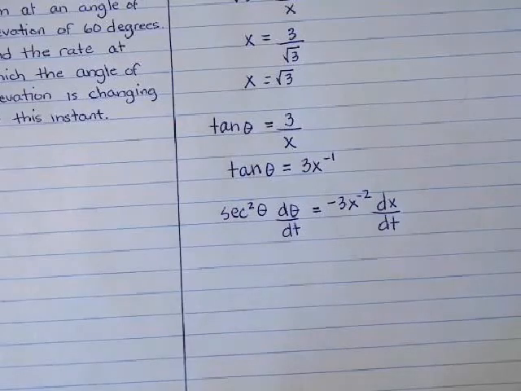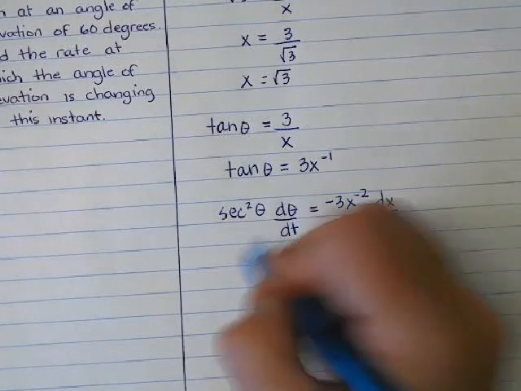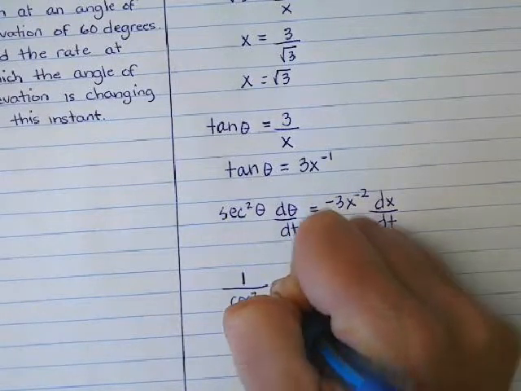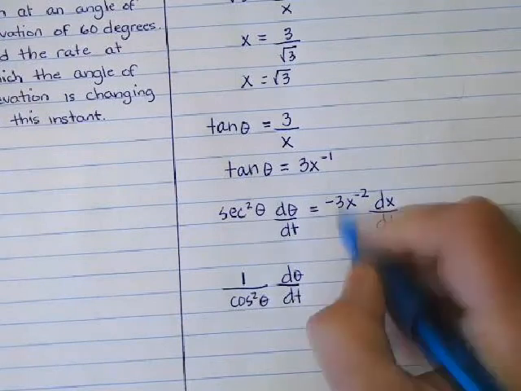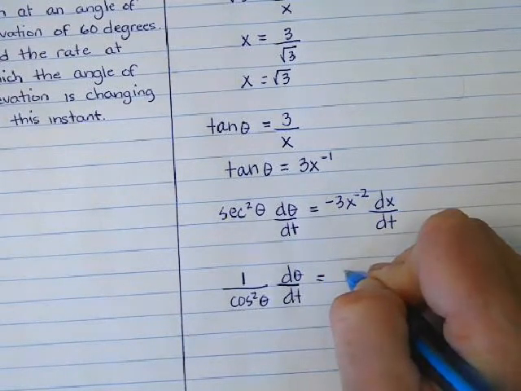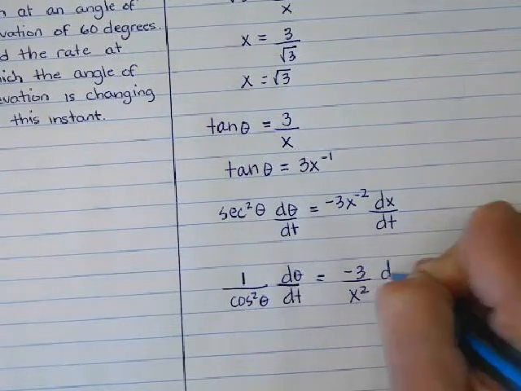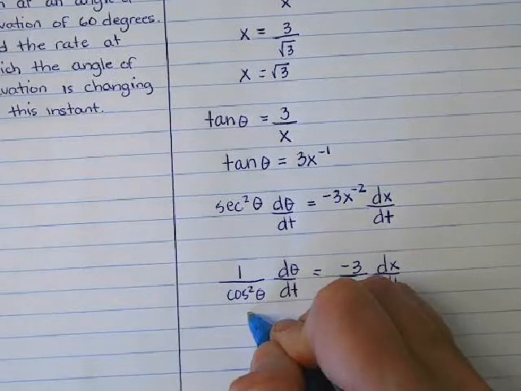Let's think about secant squared theta. That's not one that I really have memorized, but I know that it's 1 over cosine squared theta. This is going to be negative 3 over x squared dx dt.